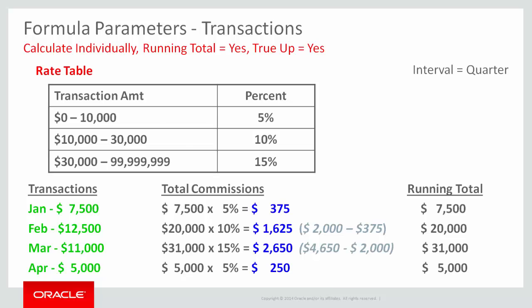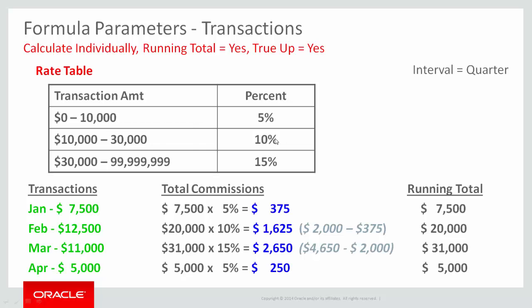We're now going to true up. And this is something that I mentioned earlier, and this is where I'm going to describe this. So the idea of truing up is, let's say that you're a salesperson, and let's say that you are selling transactions at the $10,000 range. And for those, you're being paid out at a rate of 5%. But then let's say later you have additional transactions come in that are going to be paid out at a higher percent, let's say 10%.